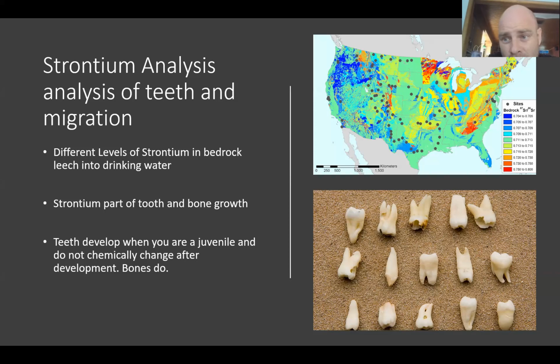And what's interesting is we absorb and we use strontium in the building of our bones. So you can analyze your bones and you can see different amounts of strontium. Now, in particular, teeth are very useful for studying ancient migrations. Why is that?